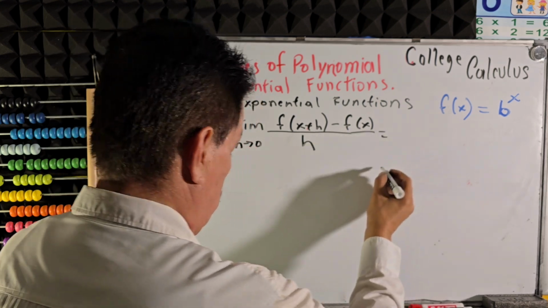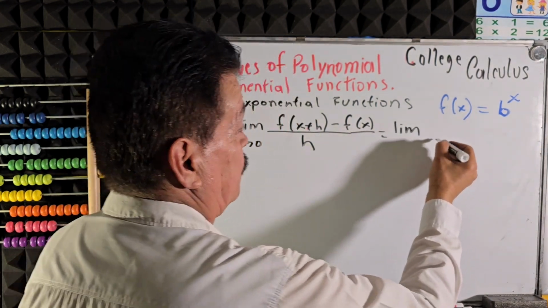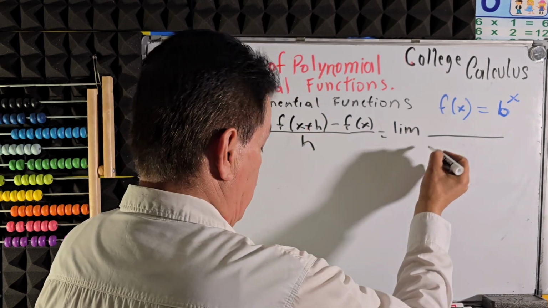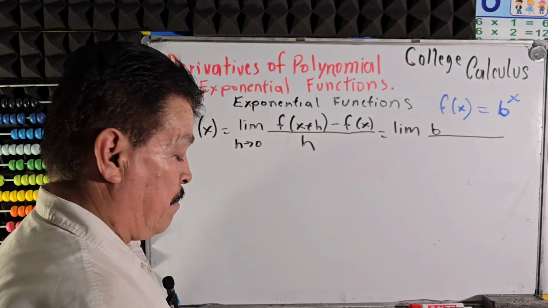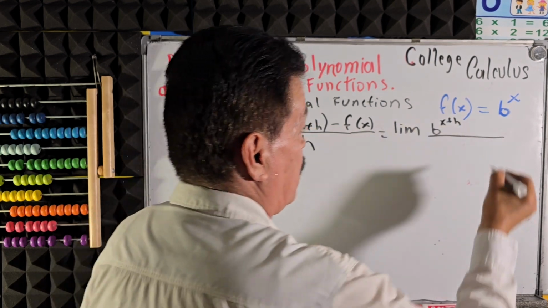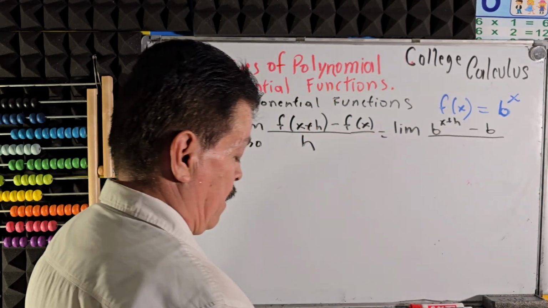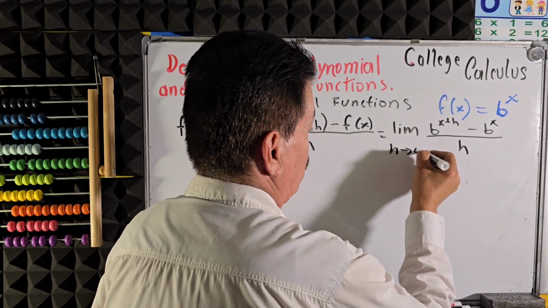So again, equals the limit of b to the x plus h minus b to the x power divided by h when h approaches 0.